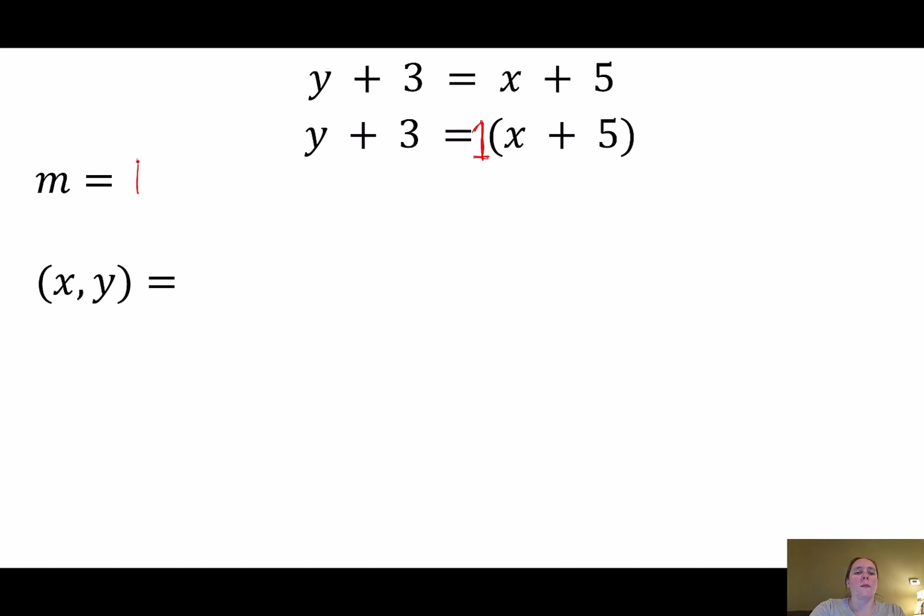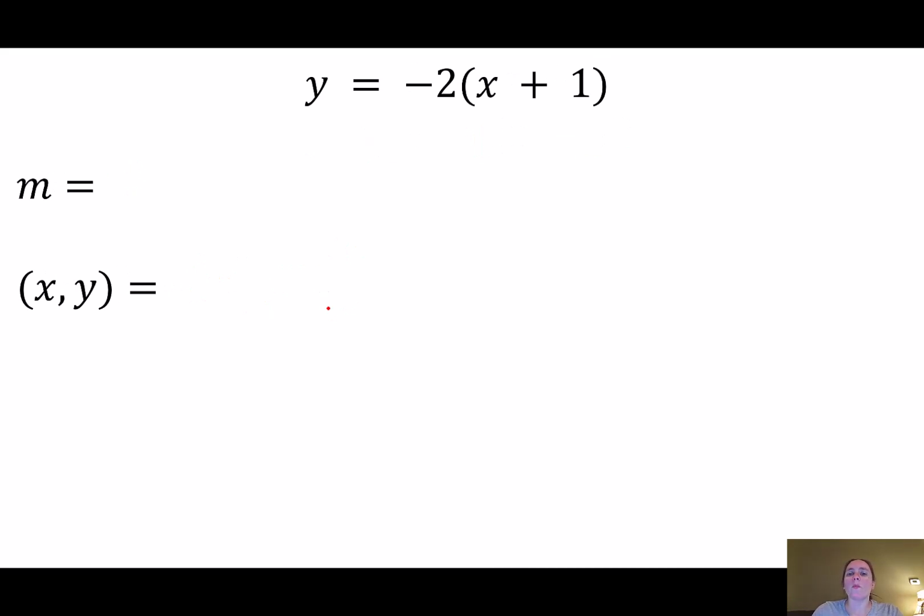So my slope is 1. All right, my point, well, we've got plus 5, so that means it's a negative 5. It's the opposite of what's there. Then minus 3. So in point-slope form, when we're picking out the point, it's always the opposite of the sign that's in the equation.